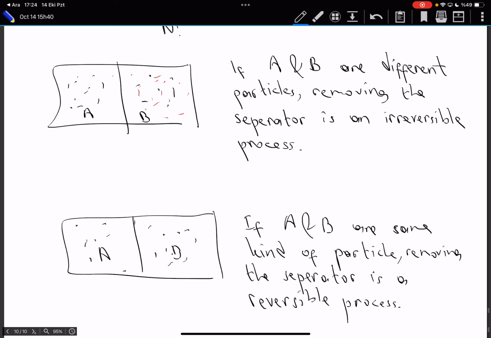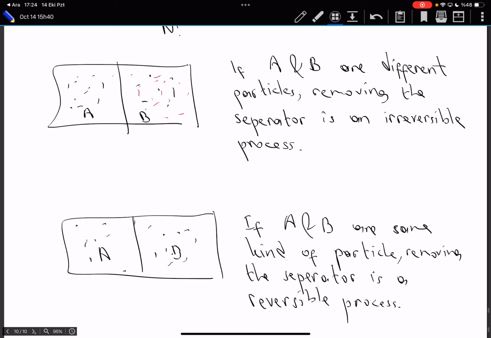Of course, here I'm assuming that the pressures, the temperature, everything else is the same, being in equilibrium before removing the separator. Because you remove the separator, well, the gas is mixed, but they are identical. You put the separator back, and you just recover the initial state you had.